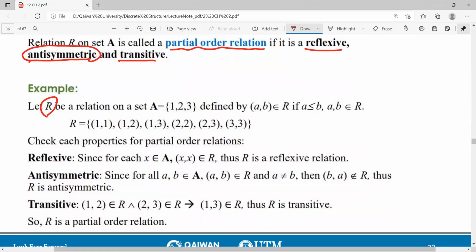Here we have an example. Let R be a relation on set A, which is 1, 2, and 3. The relation is defined by a is less than or equal to b. So the relation is this.